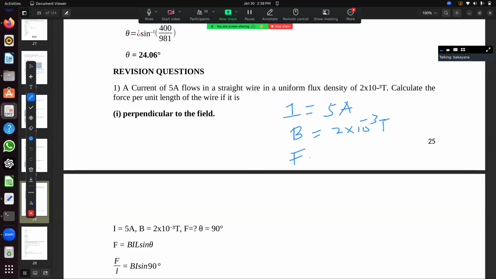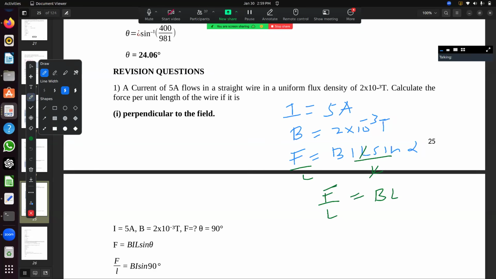Now, if force is given as BIL sine alpha, if I divide both sides by L, that means F over L is equal to BI sine alpha.